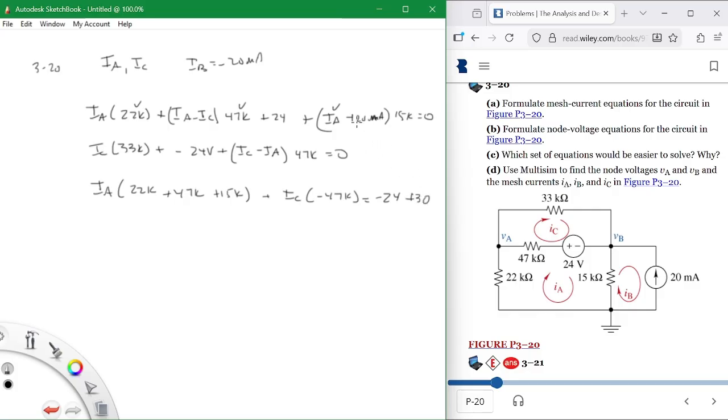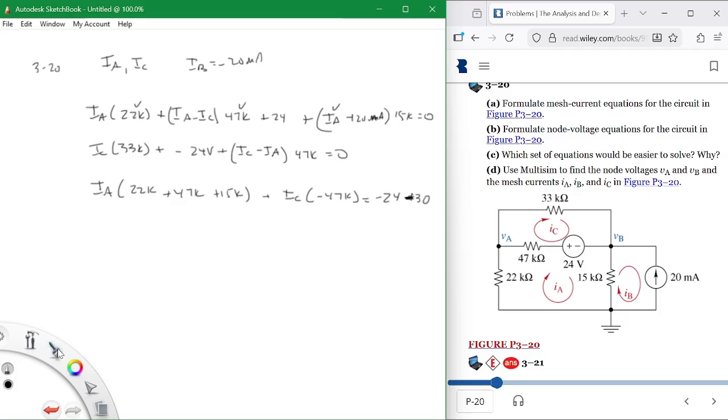So 0.020 times 15K is 30. And it's a minus, excuse me, it's a plus over here. It's a plus here, so it's a minus over here. Minus 24 minus 30. Okay, so that's a minus sign.